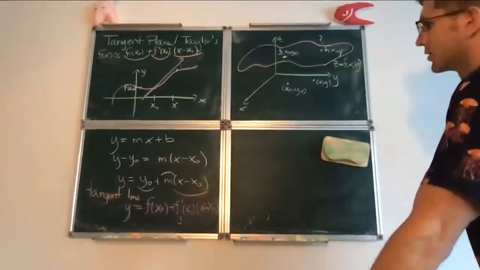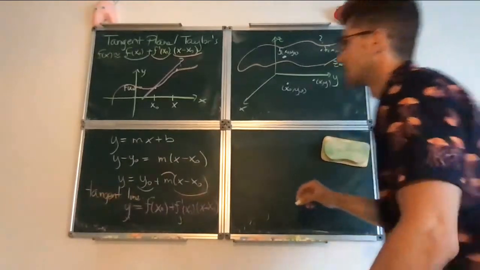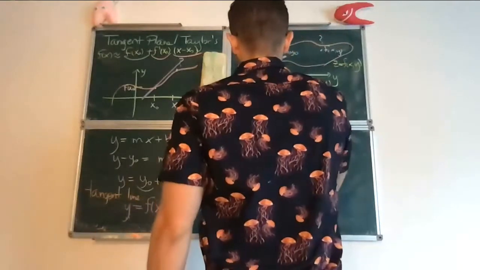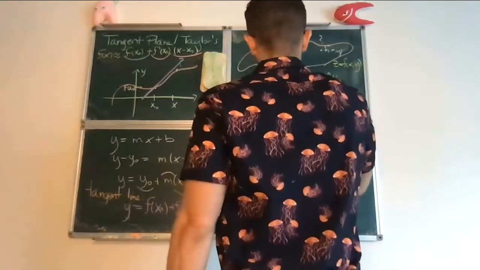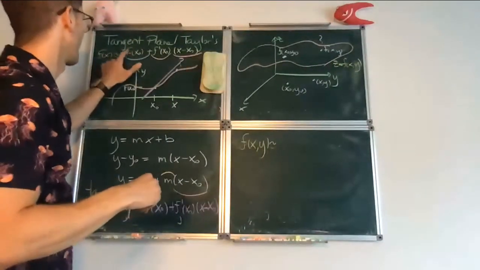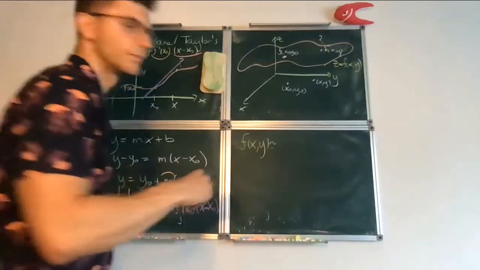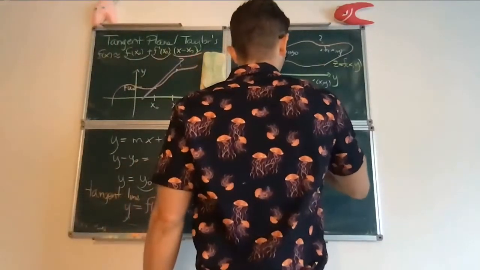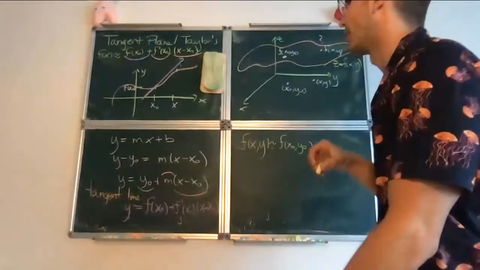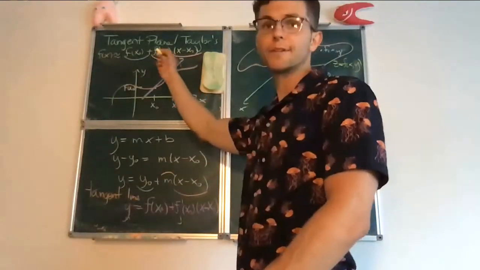Okay? So the linear approximation in this case, as you might expect, would tell you that f of x comma y is approximated by f at the point for which you know the value, and now here comes the cool part. So we need to find a useful replacement for this expression.